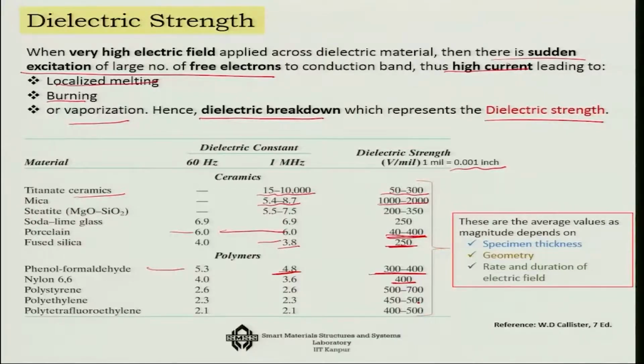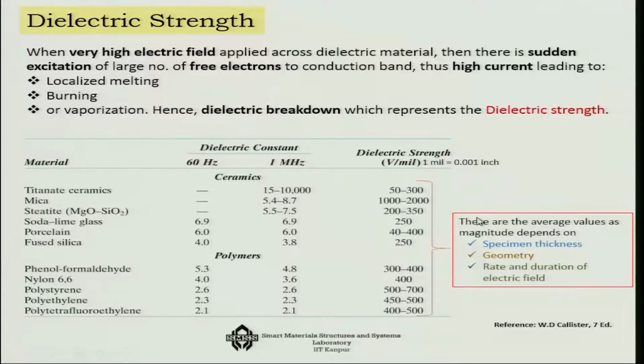Generally the dielectric constant is low for them, but they have a good value of dielectric strength, for example PTFE, polytetrafluoroethylene. Now, these are average values, but it also depends on the specimen thickness, the geometry, and the rate and duration of the electric field. All these things come into the picture, but this is the average value that you will find in these materials.